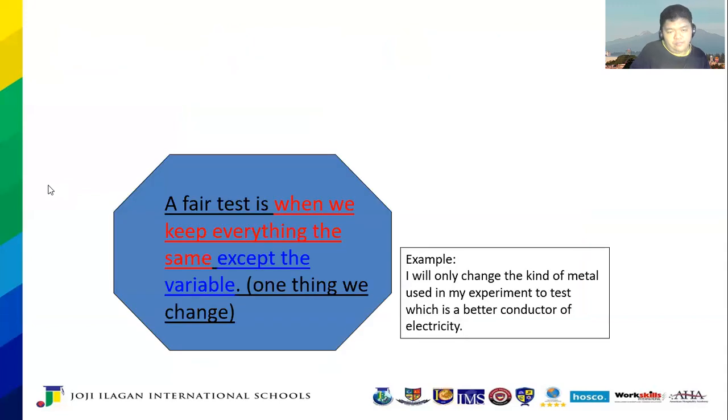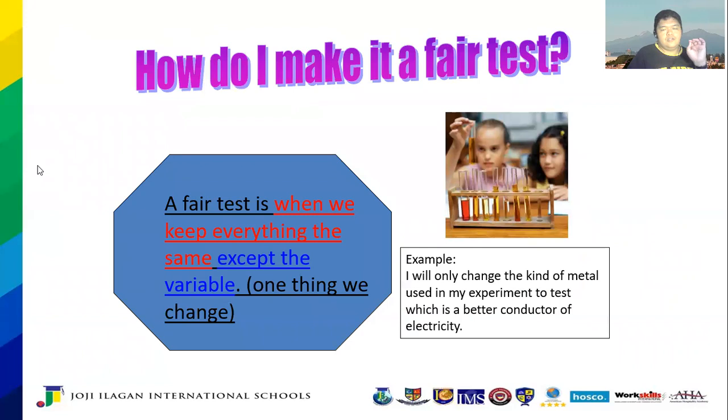all about the variables. Okay, so there's also a thing called a fair test, no? Because remember, research can lead to bias, no? And it can destroy your whole research if you impose a bias into your research. And this is where a fair test comes in.